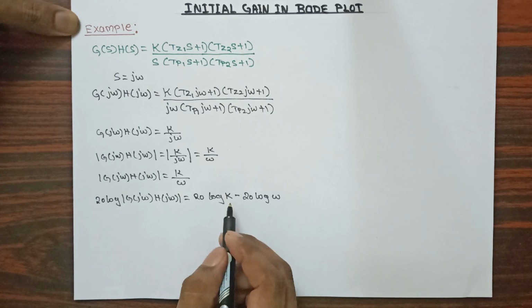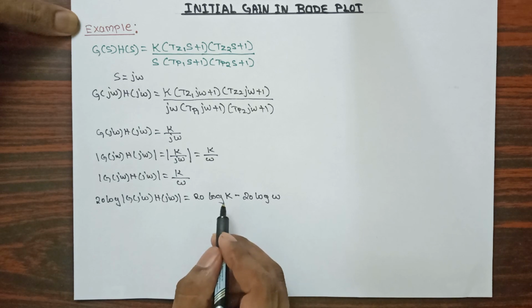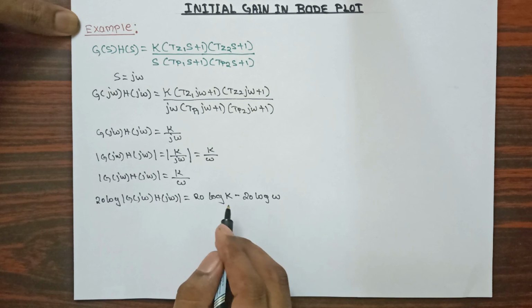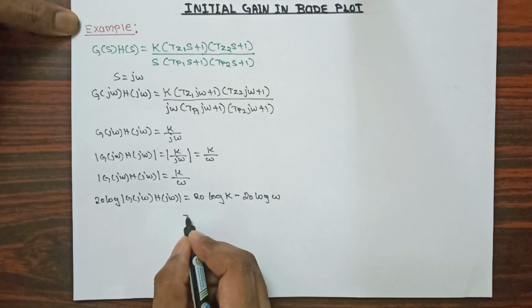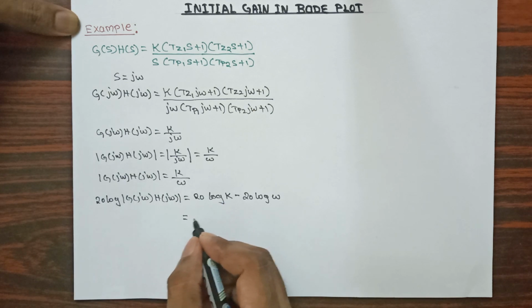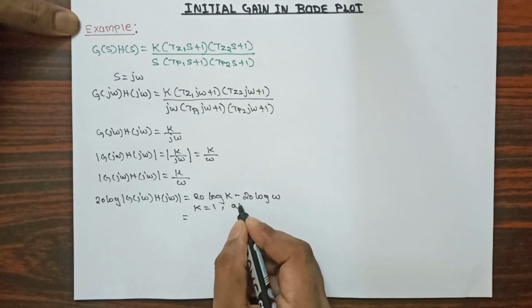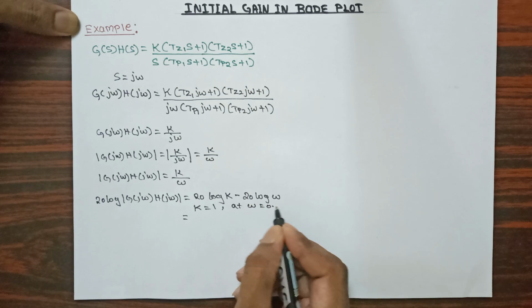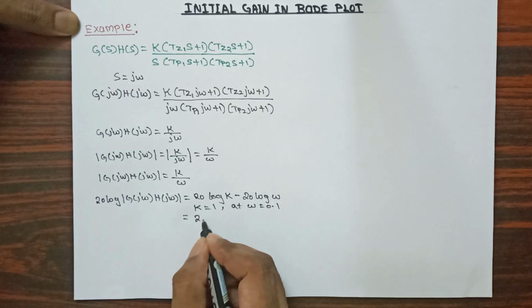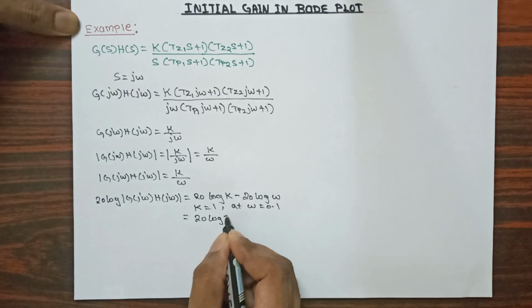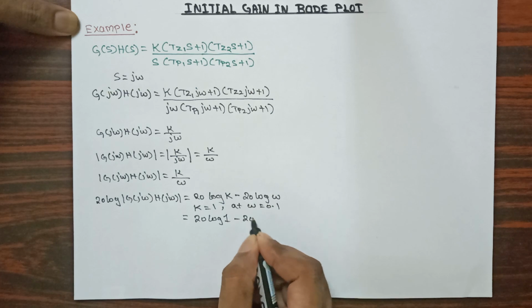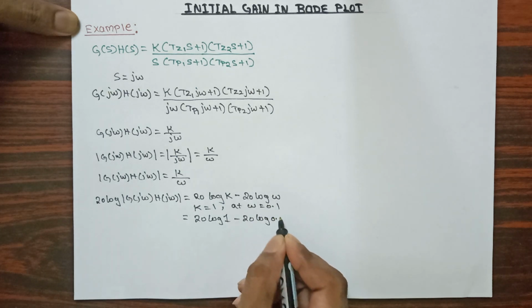Now in this example I have not taken the K value. In the problems the K value will be given. If it is not given, then we need to consider the K value as 1. So in this I am going to take the example of K as 1. So at K equal to 1, at ω equal to 0.1, I am going to get 20 log 1 minus 20 log 0.1.